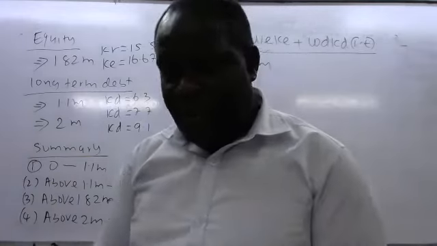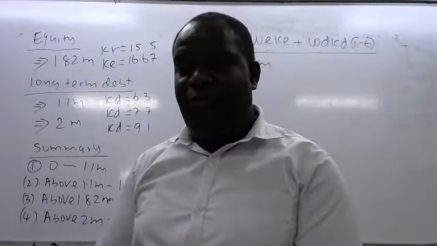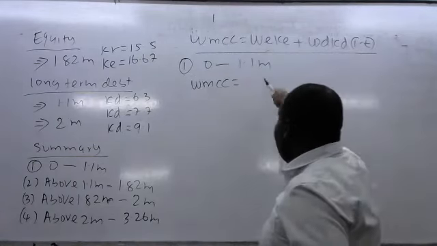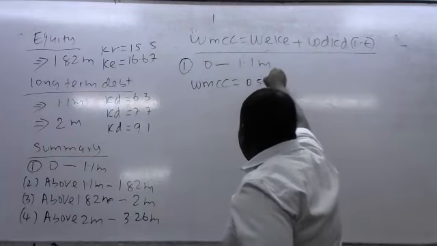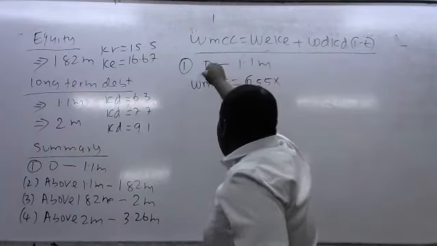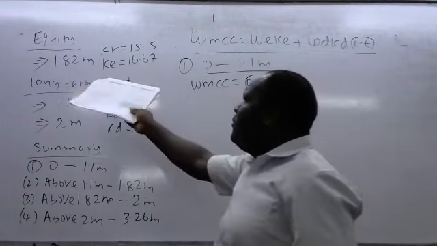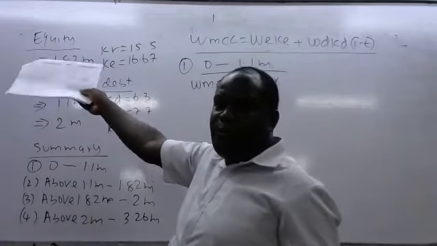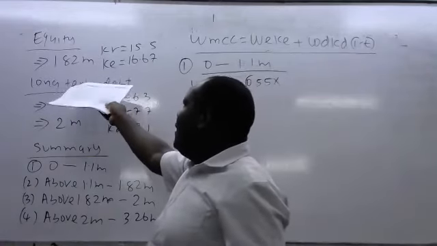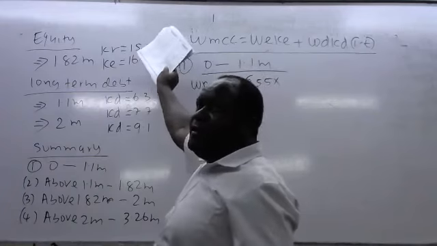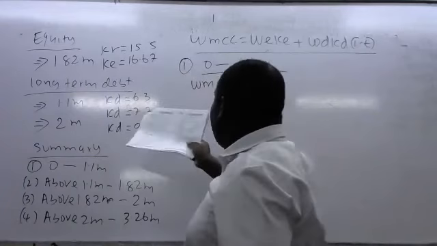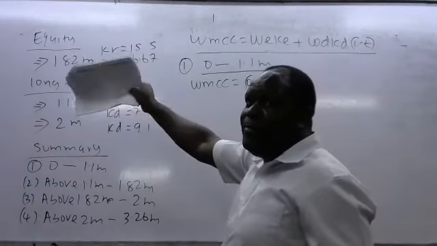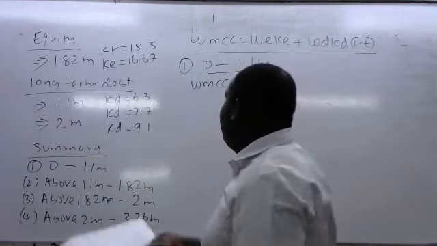The weight for equity is 55%, so it will be 0.55. Anything to do with 1.82 and below, we use the retained earnings. So from 0 to 1.1 is within that range, so we should be using 15.5.